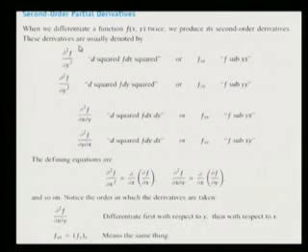These derivatives are usually denoted by del square f by del x square, or d square f by dx square, or fxx, or f sub xx. The standard notation is del square f by del x square. That means the partial derivative of f with respect to x two times. This is the partial derivative of f with respect to y twice, that is del square f by del y square.